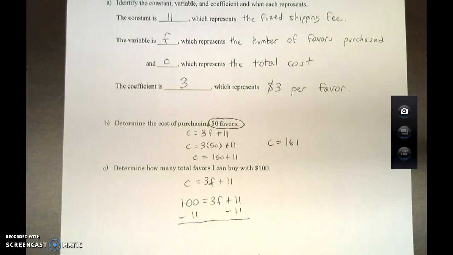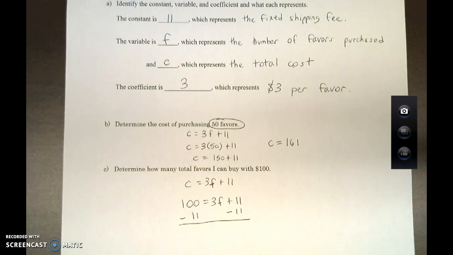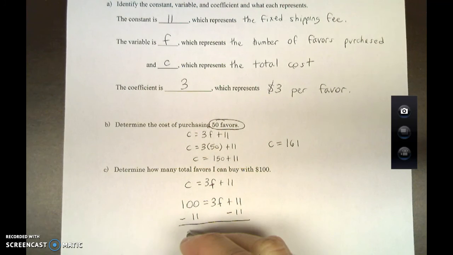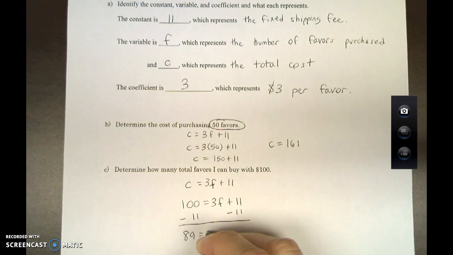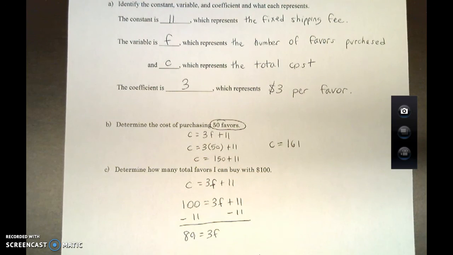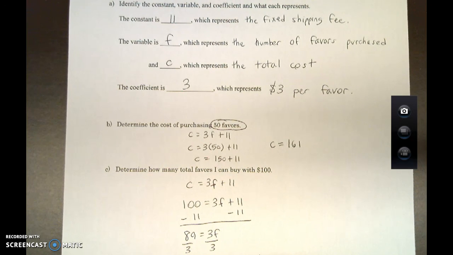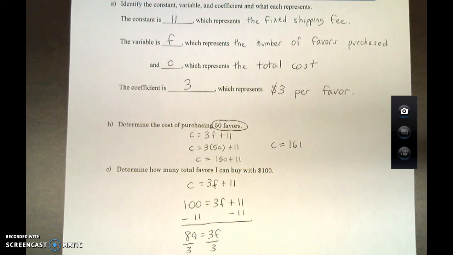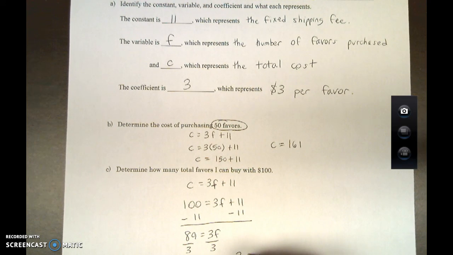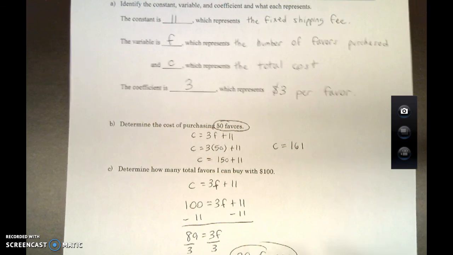So we can write that down. And now we're going to divide by 3. It's going to give us a decimal answer, so I'm going to round to the nearest cent. So it's $29.67. Actually, for the favors, we're talking about favors. So we're going to round down to the nearest number of favors. So it'll be 29 favors, because you can't have a decimal favor.